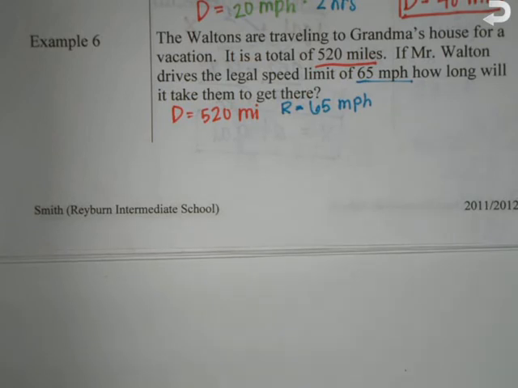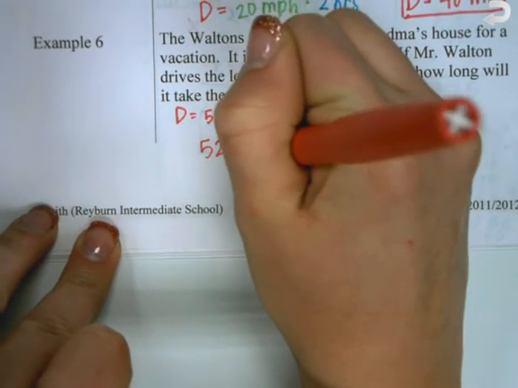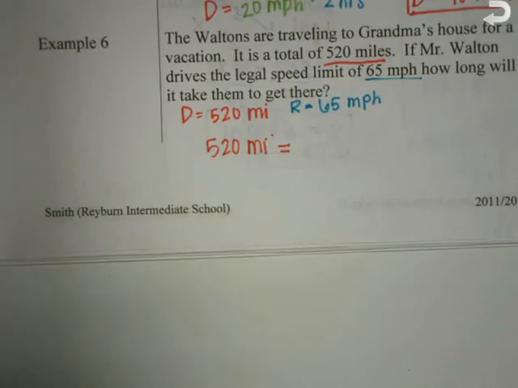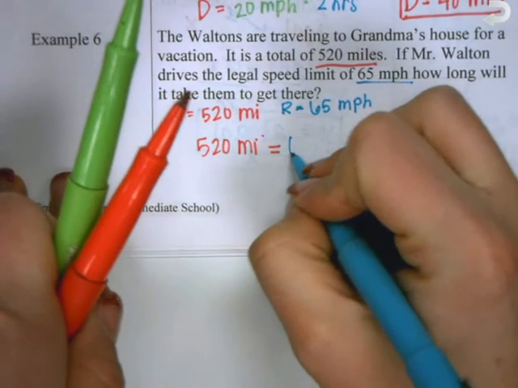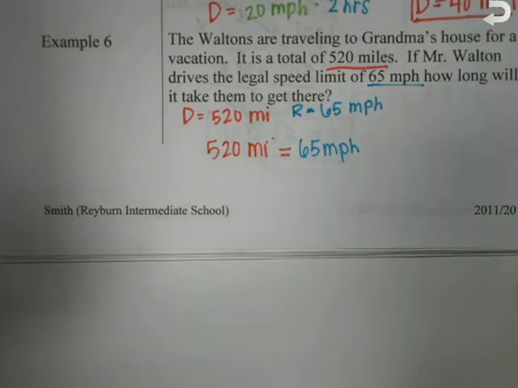Very good. So times t. So all we do is replace the variables with the information we're given, and we should be left with one variable.